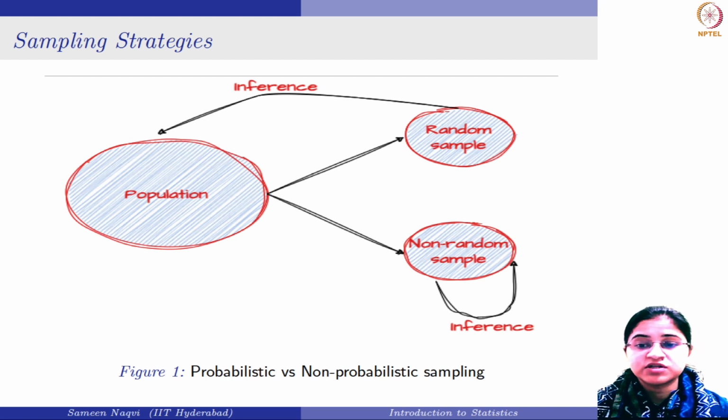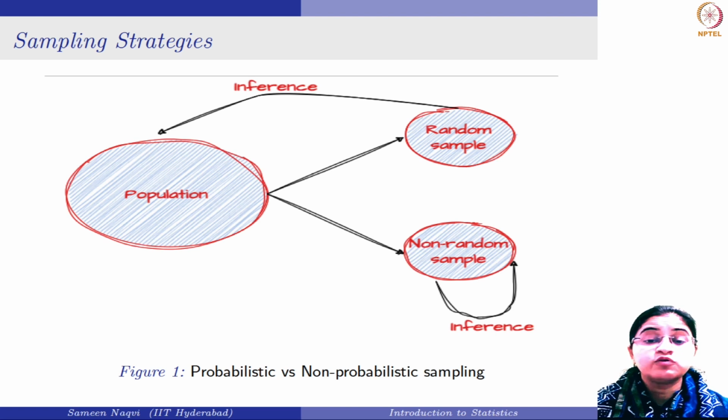What at max you can say is that it holds true for this set of people. Okay, so that is a basic difference between probabilistic and non-probabilistic sampling. You can conduct both of them, whichever is fine with you, but if you want to generalize your conclusions, then you need to collect a random sample.